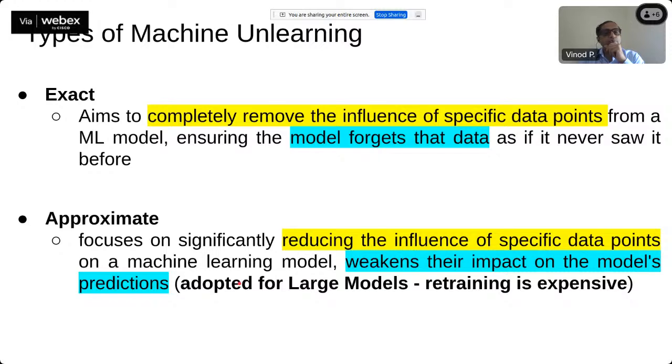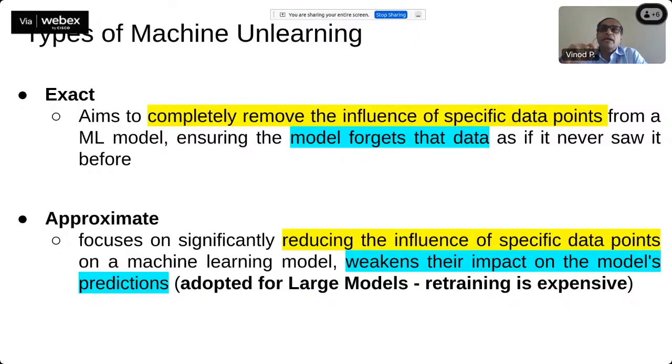So our question should be: what is the need for an approximate unlearning technique? Today we are living in the world of generative AI, and we frequently use generative models like ChatGPT or Gemini, which have been trained on a large volume of available data.